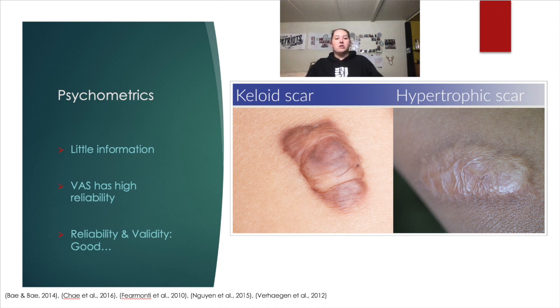So for the psychometrics for this one, there's not a lot of information out there on the Manchester Scar Scale, at least that I could find in what I thought was a deep dive through the internet. I'm sure someone can find it somewhere. So a visual analog scale has a high observer reliability and internal consistency. Again, that's only part of the Manchester Scar Scale.